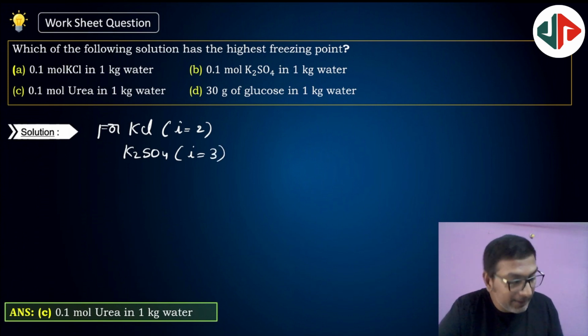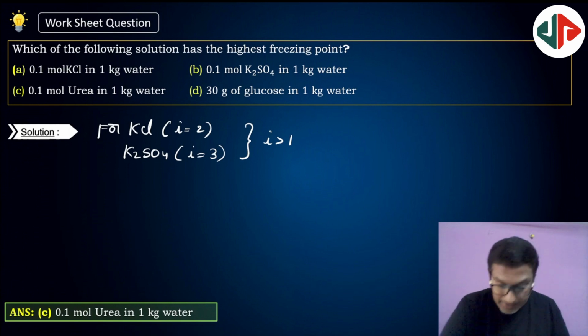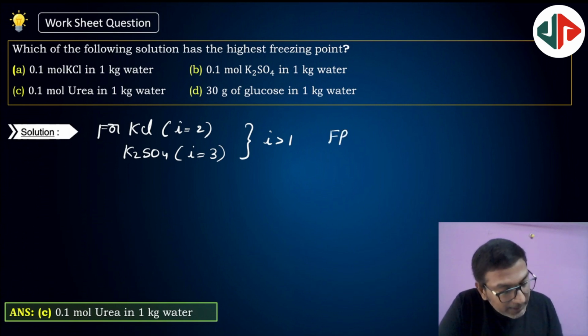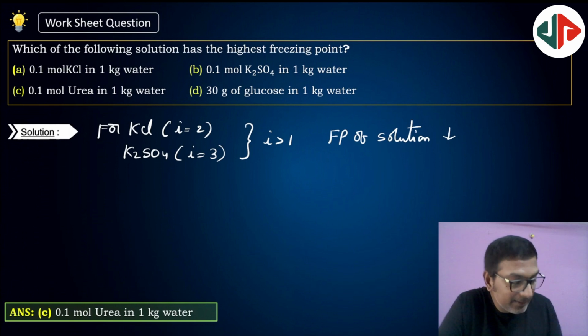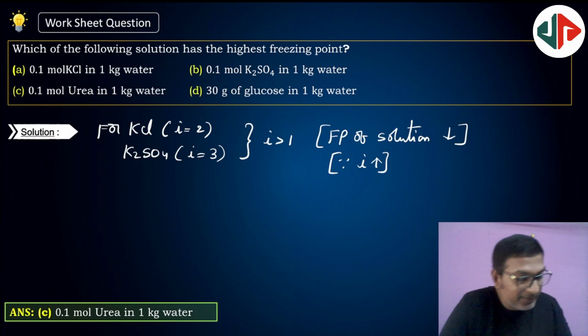So both have i value greater than 1 due to dissociation. Therefore, for i greater than 1, the freezing point of the solution decreases. So since i value increases, freezing point of solution decreases. So this is very, very important. Next.